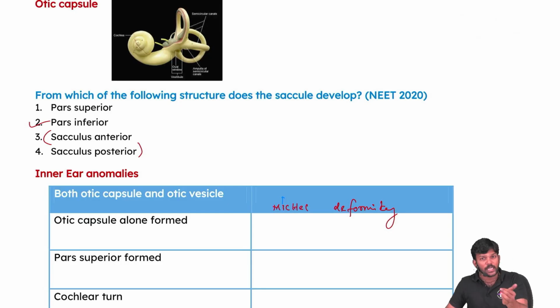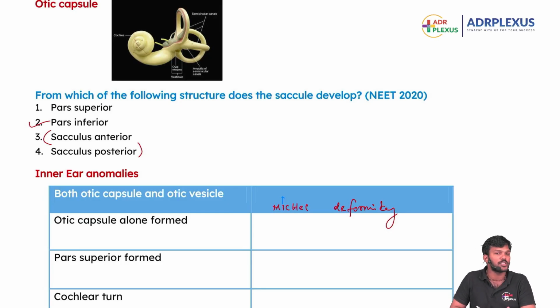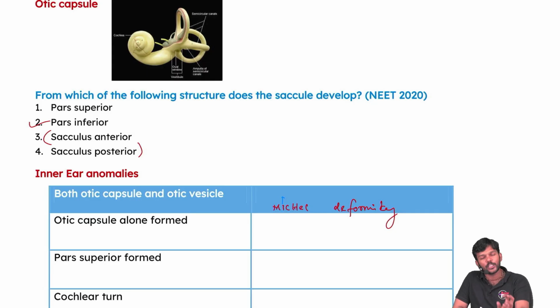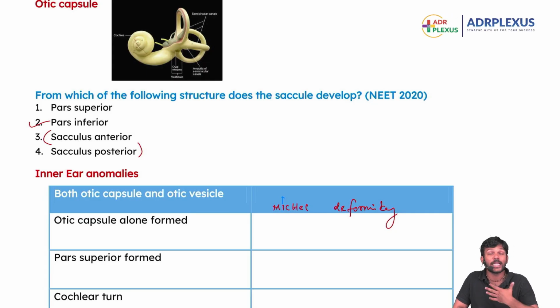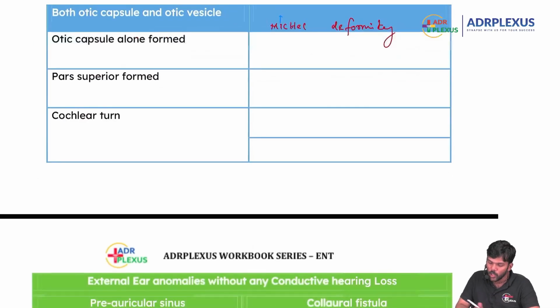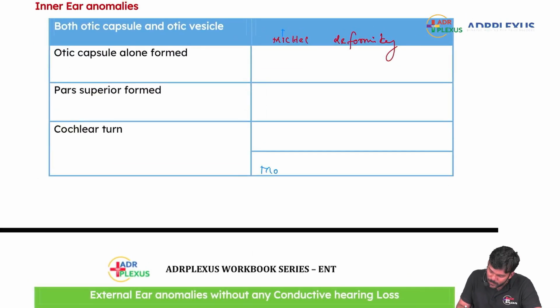If she has a good life so that she could dine at our table happily with us, she is not a very bad or very deformed child, just a normal child with a small bit of anomaly. She could dine with us. So it is called Mondini. Mondini is a dysplasia, not a deformity.